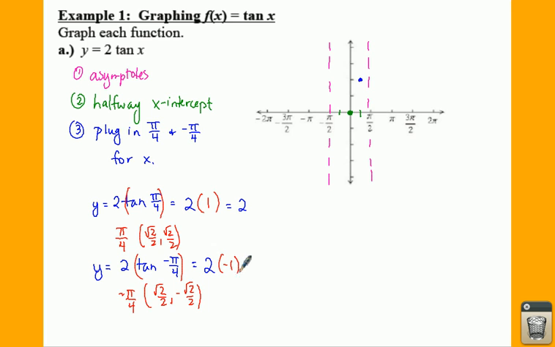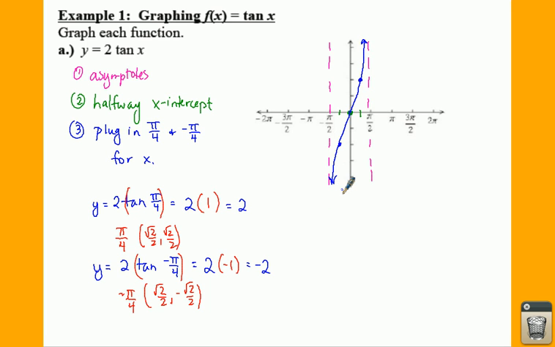So we plug in negative 1 times 2, and we get negative 2. So you go back to negative pi over 4, down 2, here is your point. So we're going to connect these dots, stretch it up, and it gets closer to your asymptote. This goes down, getting closer and closer to your asymptote.